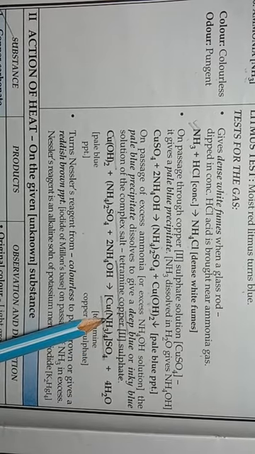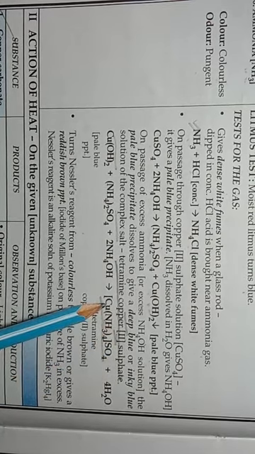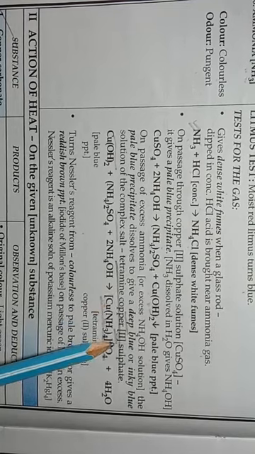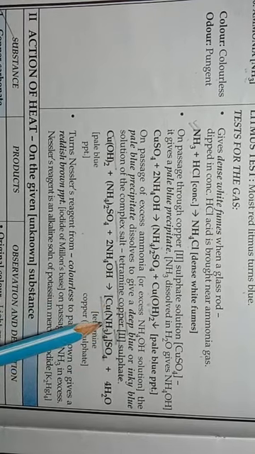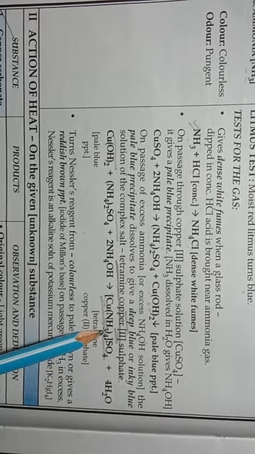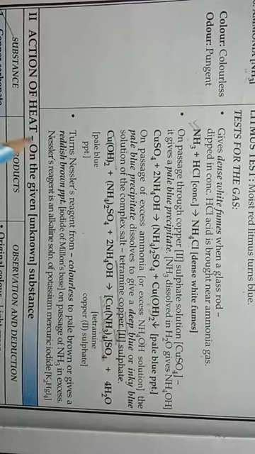So, tetraamine copper(II) sulfate. This 2 is the oxidation state of the copper atom present inside the square bracket. This salt is deep blue or inky blue in color.